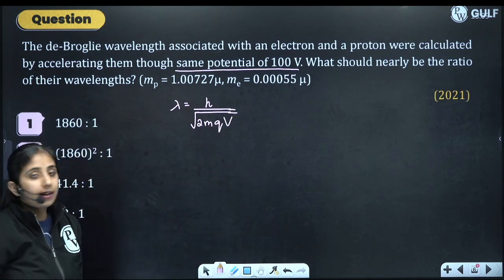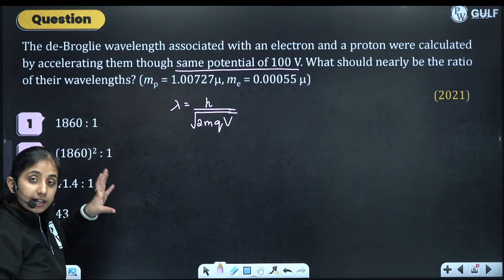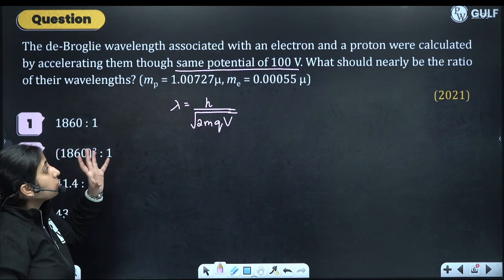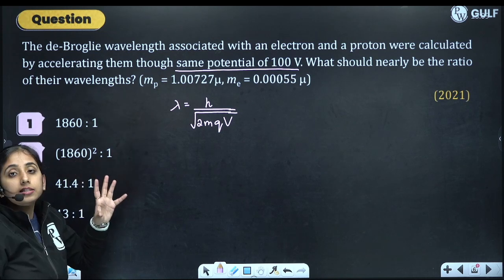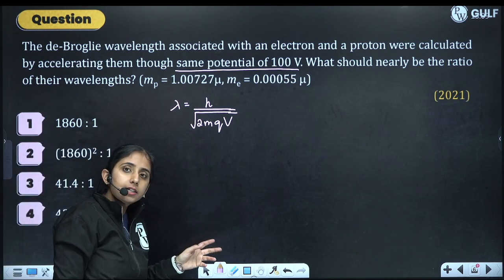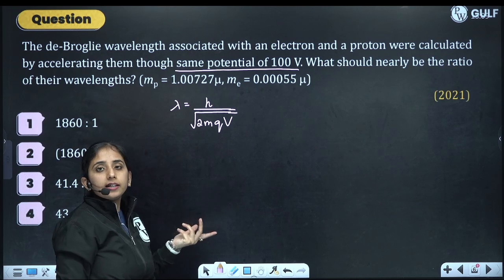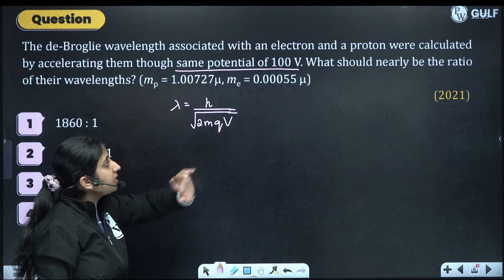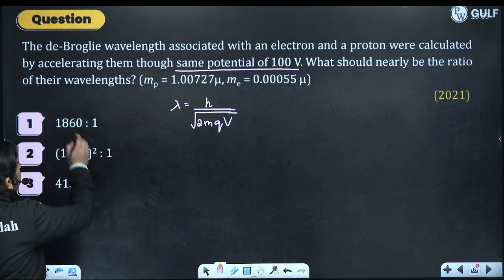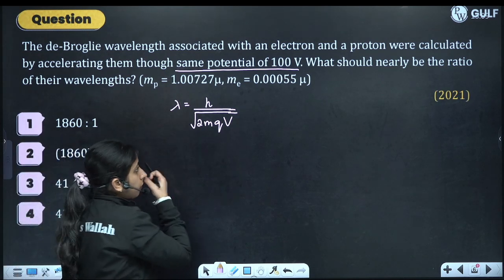Now this will be the lambda. Potential is same. We have an electron and a proton. Charge is same on both of them. So gain in kinetic energy will be same. Q is same, V is same. What should be the nearly ratio of their wavelengths? We have to find the ratio of their wavelength.